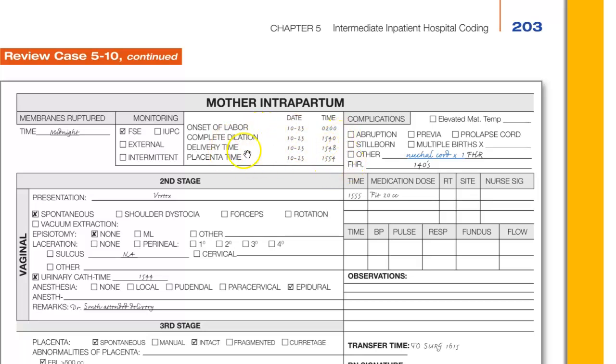Delivery time was 15:48, and then the placenta was a few minutes later. There was a fetal scalp electrode, so they monitored the baby with a fetal scalp electrode. Over here under complications, you'll see we have a nuchal cord that's commented on, and the fetal heart rate they were watching because it did get to 140.